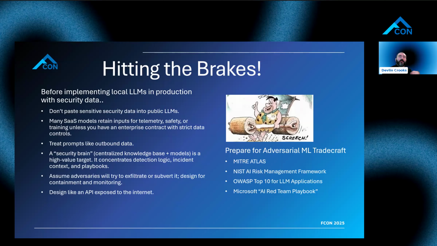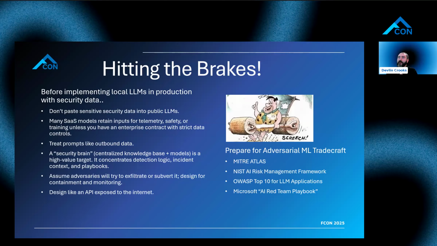When you build a local LLM or a RAG that consumes stuff like SNARF, it's almost becoming a security brain. It's a high-value target. It concentrates detection logic, incident context, and playbooks. So you need to design this as though it were an API exposed to the internet, even if it's segmented internally. Soon, adversaries will try to exfiltrate or subvert it.